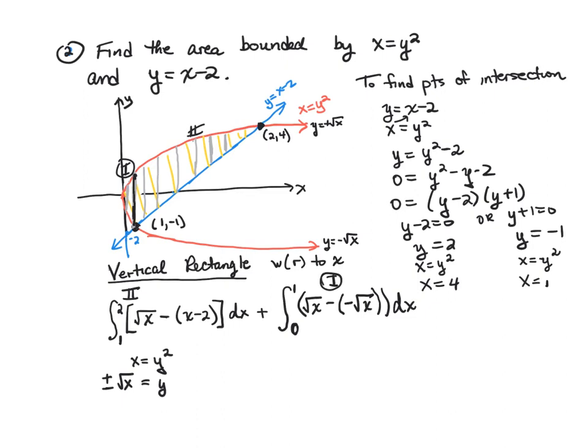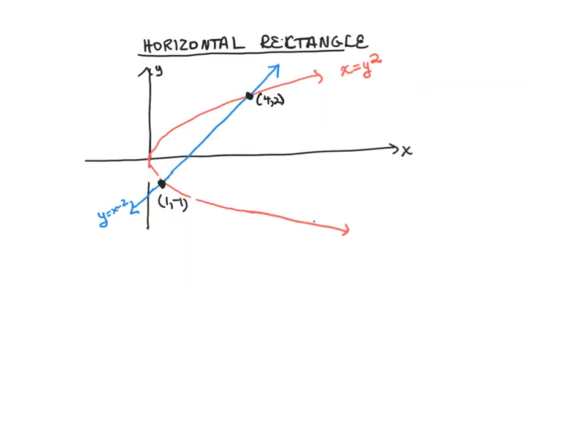However, let's try a horizontal rectangle. So here I've sketched the region again with the intersection points. But with a horizontal rectangle, we would have to integrate with respect to y.